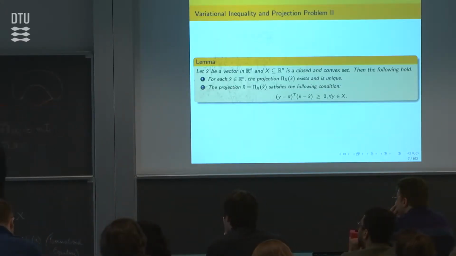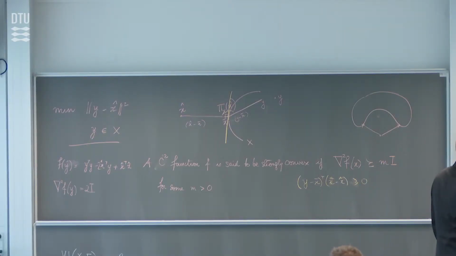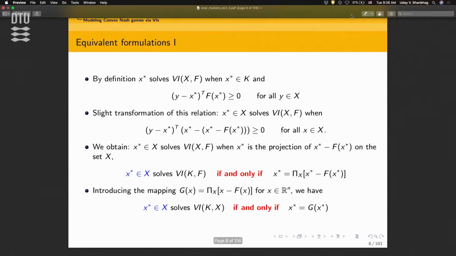Okay, so the first statement is just to make sure that we understand the properties of the projection. Next what I'm going to do is use the definition of the projection to come up with some equivalent representations.